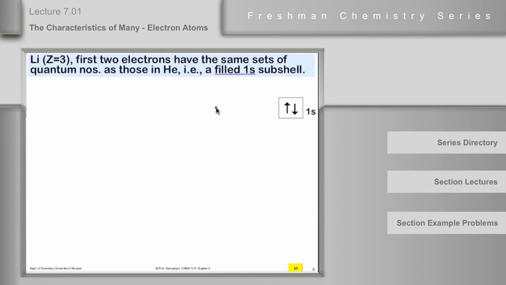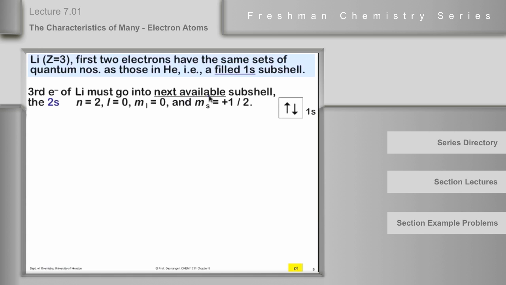The next electron is going to have to find another orbital because this one's full. We can't put any more in that, so we would go up the next step. The next available subshell would be the 2s. And the 2s, if we make a box for it here, we will put 1 electron in the 2s, and that electron will have spin up by convention.